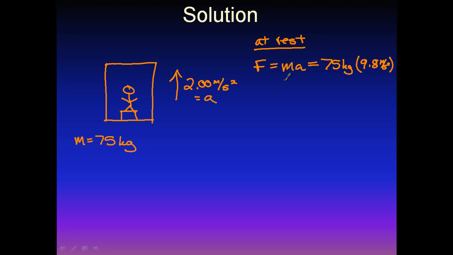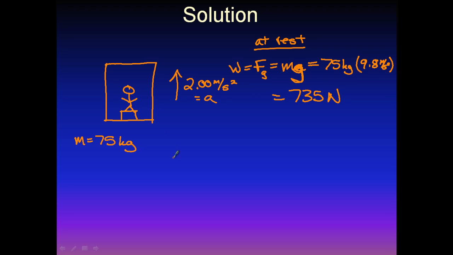We're talking about the force of gravity, which is weight. So weight equals force of gravity, which equals mass times acceleration, and our acceleration is gravity. So 75 times 9.8 gives us a weight of 735 newtons. Now this is your weight when it's at rest.